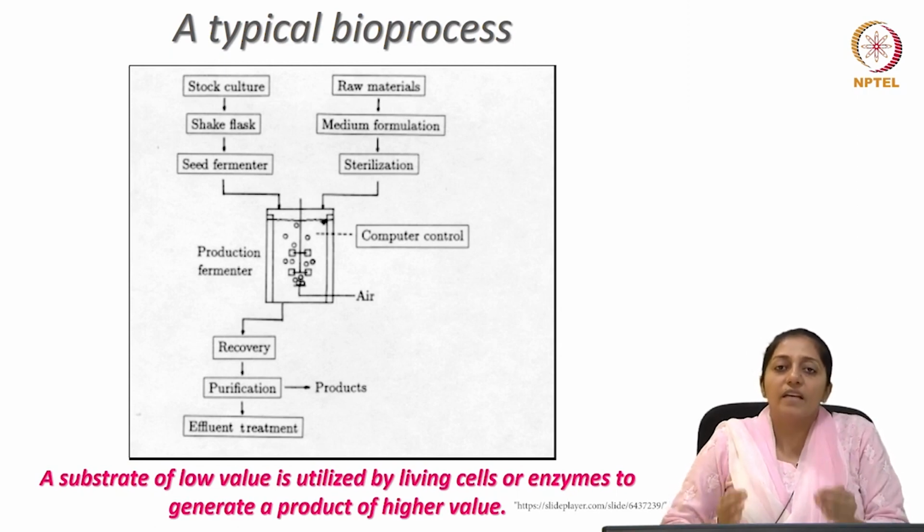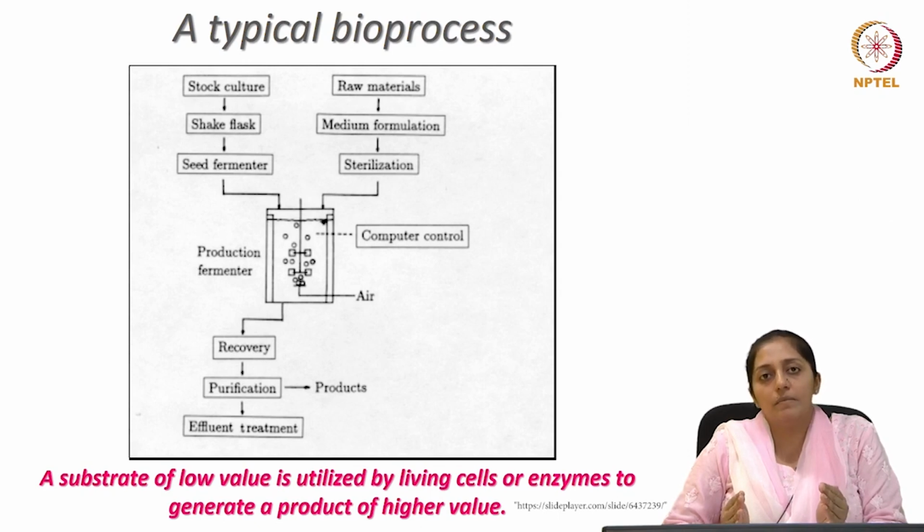Now, the key is that a bioreactor is a controlled system in which only monoseptic operations can be done. So in order to enable monoseptic culture, the media with the substrate has to be sterilized, which means it has to get rid of any contaminant or any other microorganism which can contaminate the production fermenter.